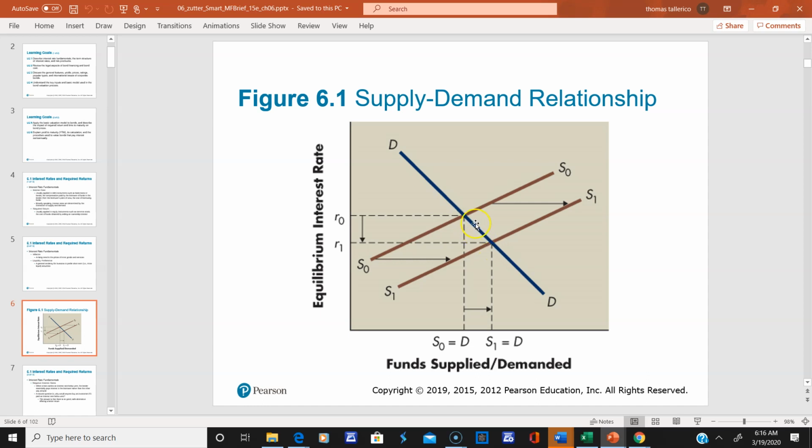So there's always a relationship between supply and demand here. There's basically less demand here now, right? It hits lower on this demand curve. So the equilibrium interest rate will change.